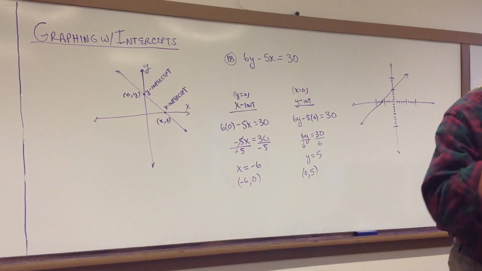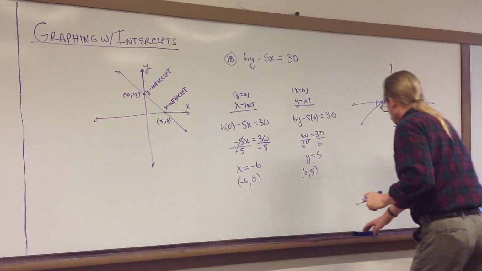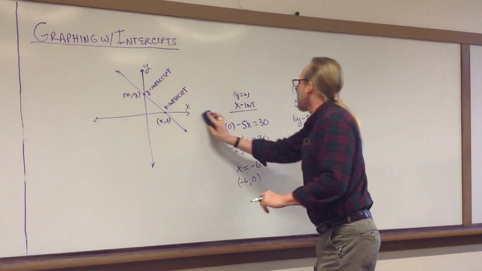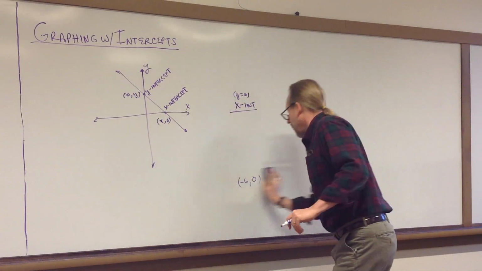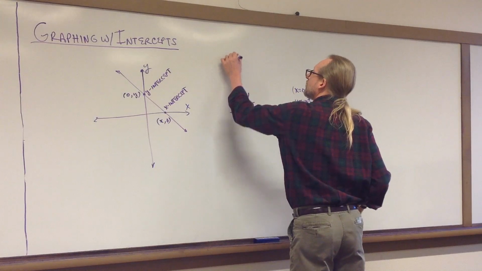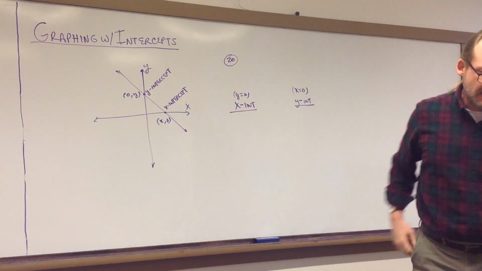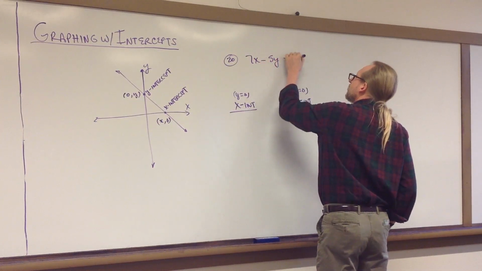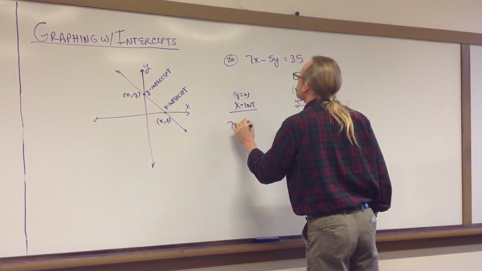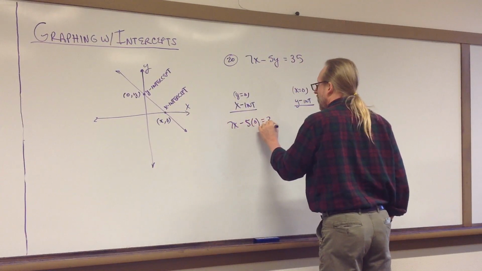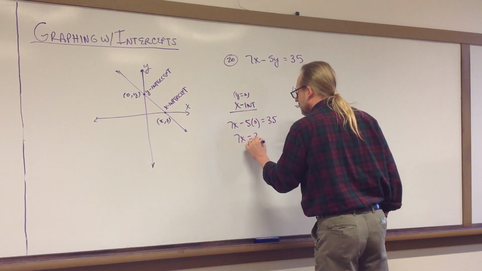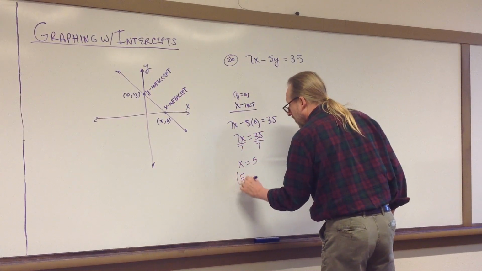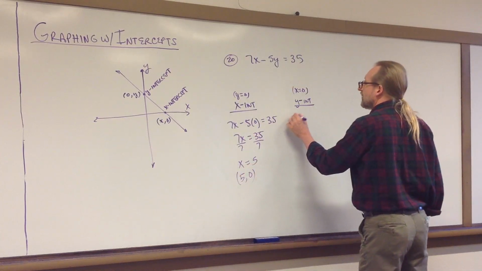All right, let's do one more here. All right, problem 20. What do we have? 7x minus 5y equals 35. Okay, so make the y 0. 7x is 35. X equals 5. And so our x-intercept is 5, 0.